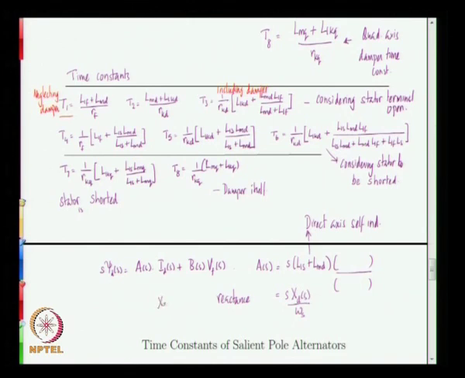Essentially we are saying x is nothing but omega s into L, and therefore we are writing L as x divided by omega s. This is multiplied by the second order functions in S, and in this we can now identify this entire term, sorry, this is not x d of S, this entire term is then written as an expression x d of S. It is called the direct axis operational impedance or the direct axis operational inductance.